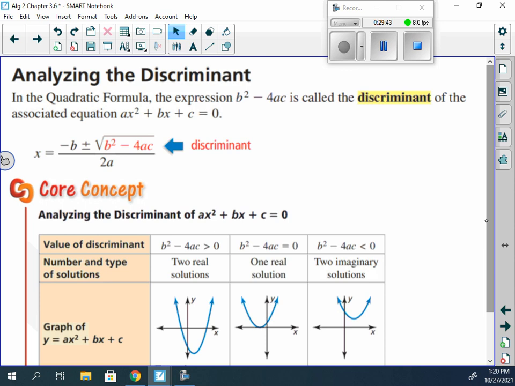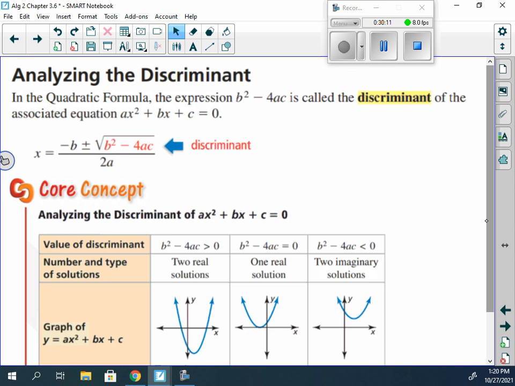Now, if b squared minus 4ac is greater than 0, we're going to have two real solutions. If it is equal to 0, we're going to have one real solution. Well, really, with the one real solution, we will have two actual solutions.